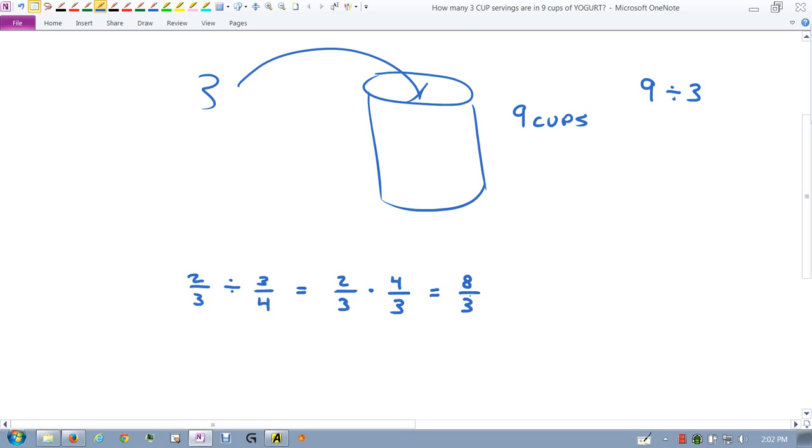What? 8/9, sorry. Hold on, I'm trying to confuse you. Yes, 8/9, but 8/9 what? Servings. Because it says how many 3/4 cup servings are in here?